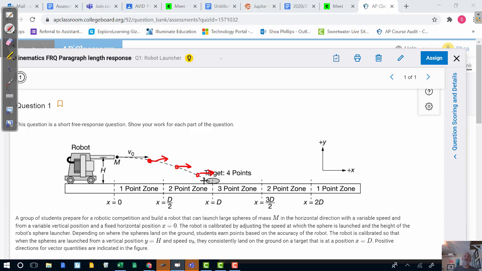It doesn't change. Really I should have drawn it the same length as this velocity here. So you see how all these arrows are the same, meaning that if this velocity was 20 meters a second, it stays 20 meters a second in that x direction.